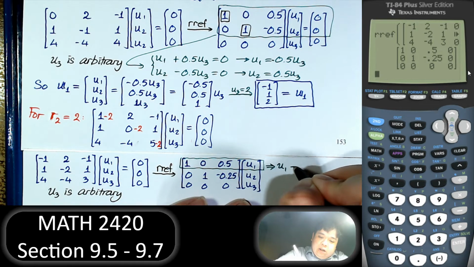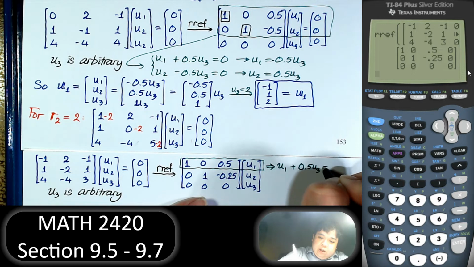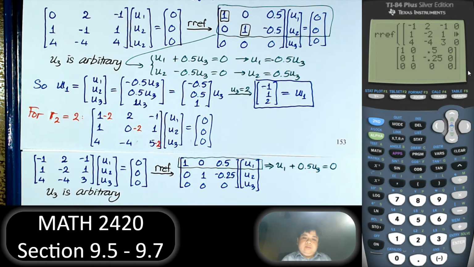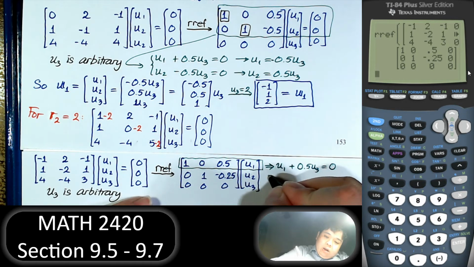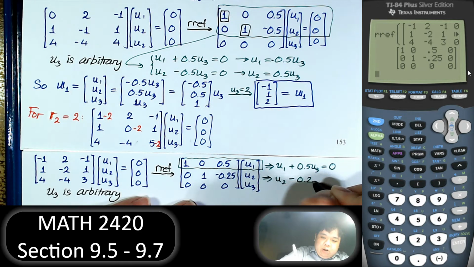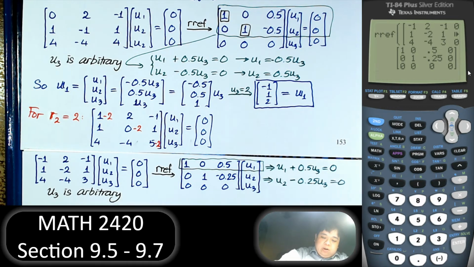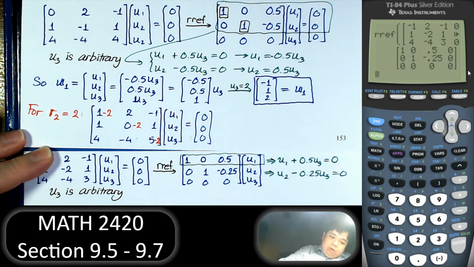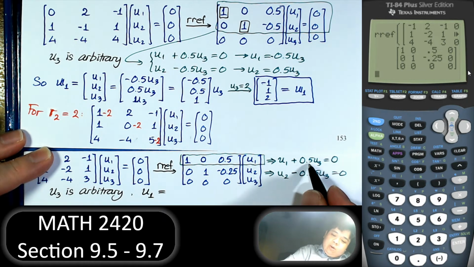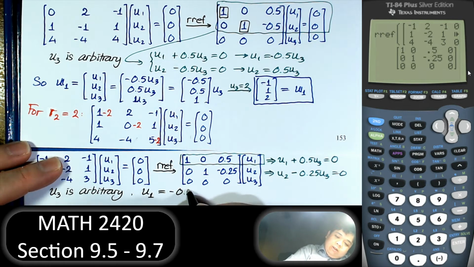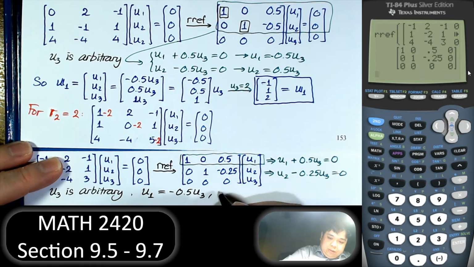U1 plus 0.5 U3 equal to 0. And this U2 minus 0.25 U3 equal to 0. So when we solve for that, we will have U3 is arbitrary, U1 equal to negative 0.5 U3, and U2, move that to the other side, 0.25 U3.